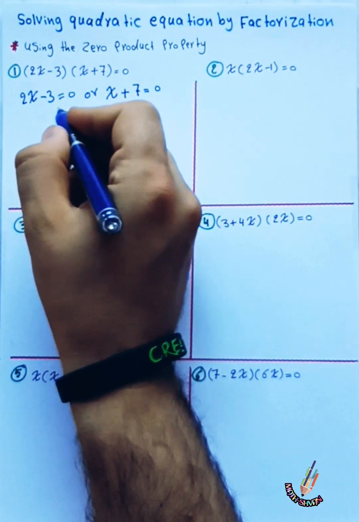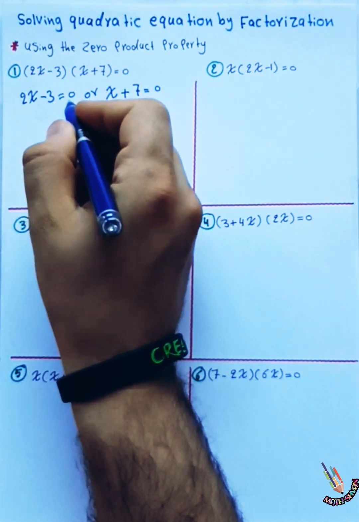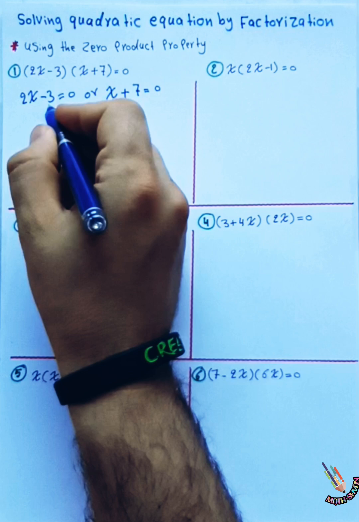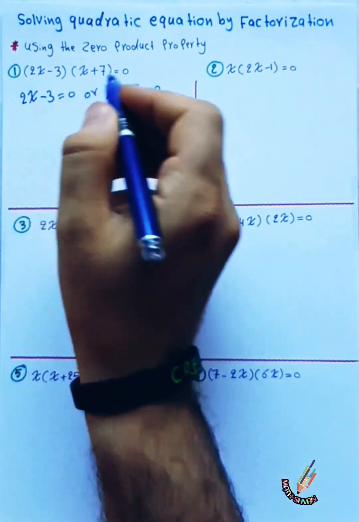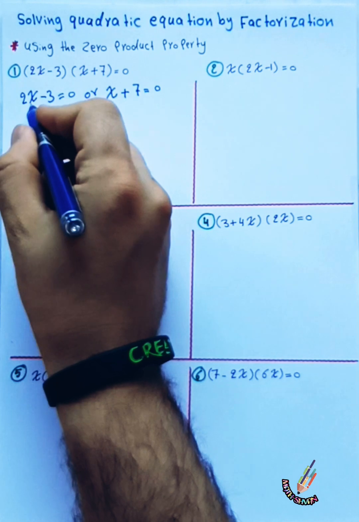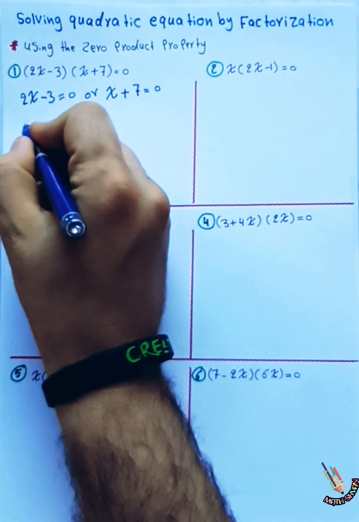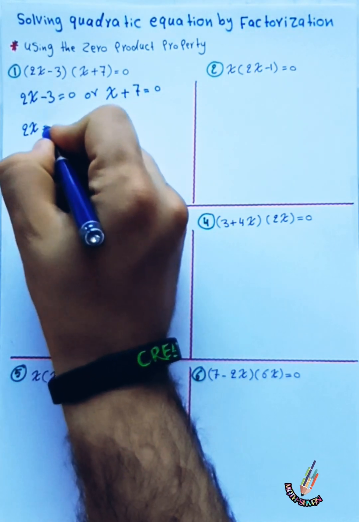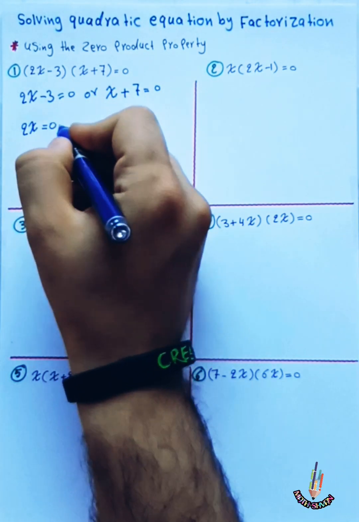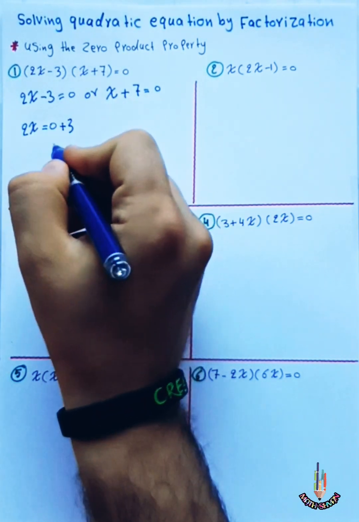So first, in the first equation, you have 2x minus 3 equal to 0. We have to change the place of negative 3 to the right side to get rid of this negative 3 and leave x alone. So you have 2x equal to 0, and when we change negative 3 to the right side, negative 3 becomes positive 3.